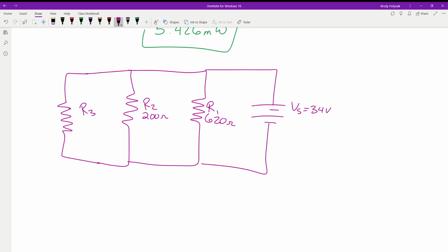And 240. Yep, just regular old boring ohms. Yeah, resistance total, current total, power total.